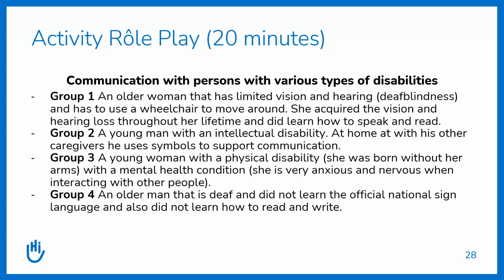The common one is deaf blindness, because of age. Maybe a person who is blind, then with age he gets a hearing problem, or the other way around. Then group 2 would be a young man with an intellectual disability. Then group 3, a person with a physical disability. Then group 4 could be a person who is deaf. So the idea is to have role play in your groups. One takes this character, then the other tries to communicate with them.